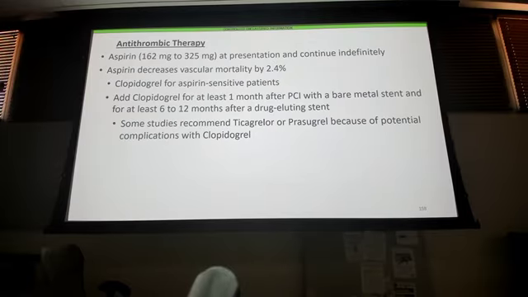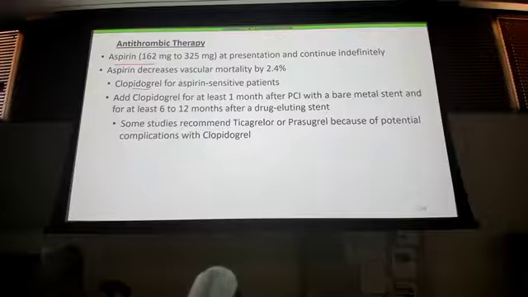And then we talked about the medications for treatment of acute coronary syndromes. We talked about the antithrombotic therapies, so your antiplatelets. Aspirin is kind of your mainstay. If they have aspirin sensitivity, then you can do clopidogrel. And then we also talked about how if they do undergo a PCI and they do get cardiac stenting in place, they may need to be on dual antiplatelet therapies, depending on which version they get.